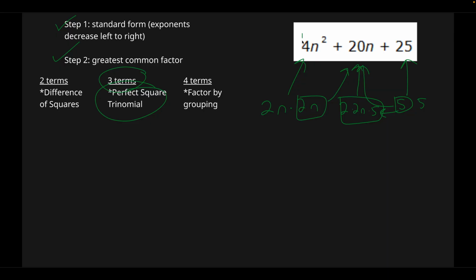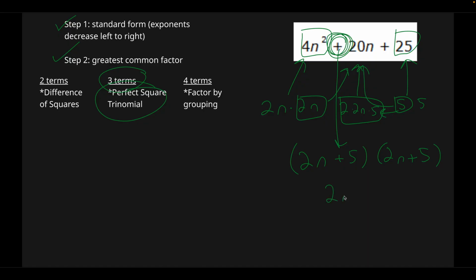It has to be perfect squares on the ends, and then the middle has to be 2 times 1 of each side. All right, once we have that, I know that this will split into 2n plus 5 and 2n plus 5. The reason it's pluses here is because this is a plus here, which makes this a plus.